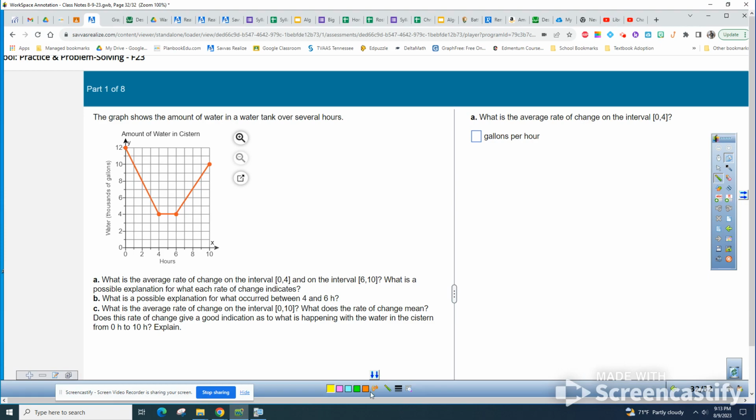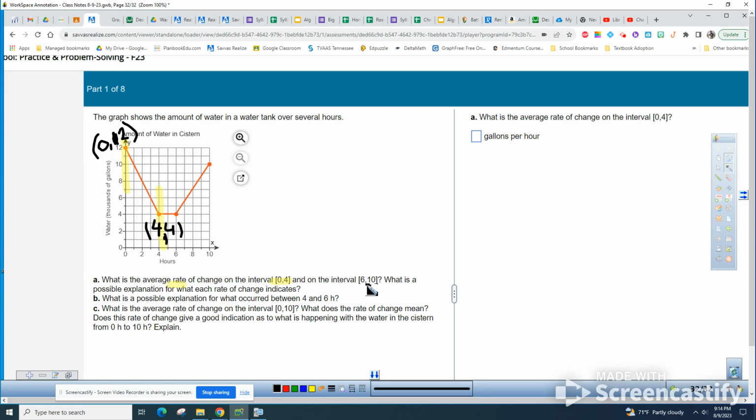So let's look at this. It says the interval average rate of change on 0 to 4. So from 0 to 4, what's the average rate of change? So we're going to use the 2 points, 0, 12, and 4, 4.